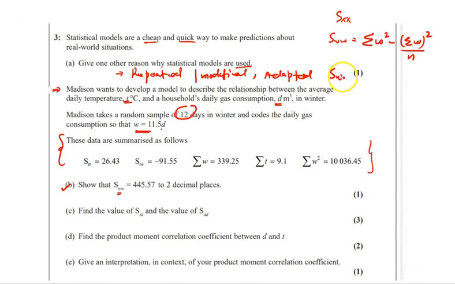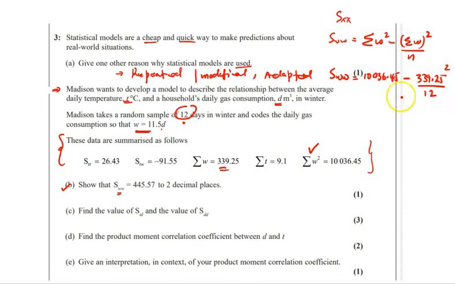So SWW is going to be the summation of W squared, which is already here, 10036.45, minus the summation of W, which is 339.25, all squared, divided by the sample units, which is 12.